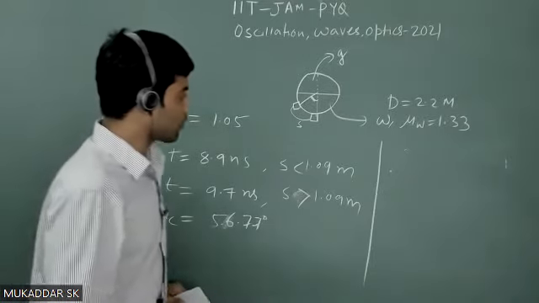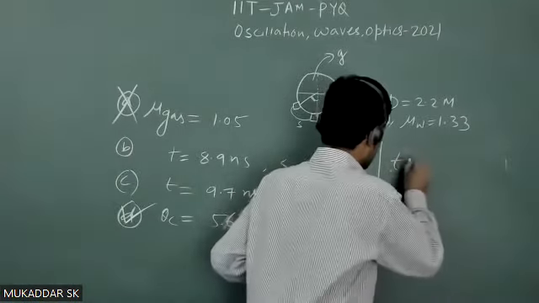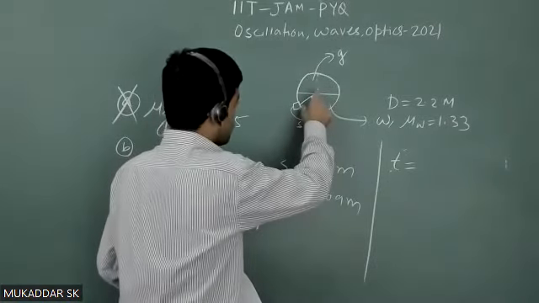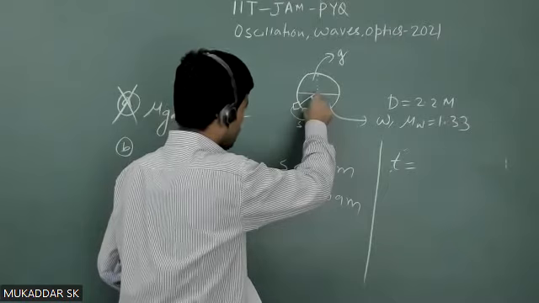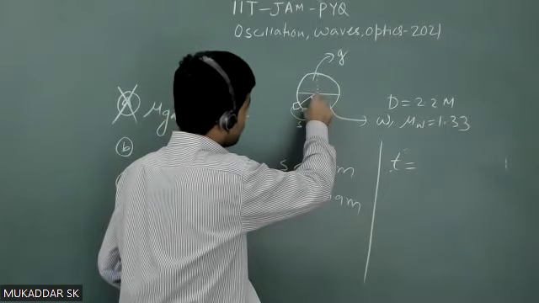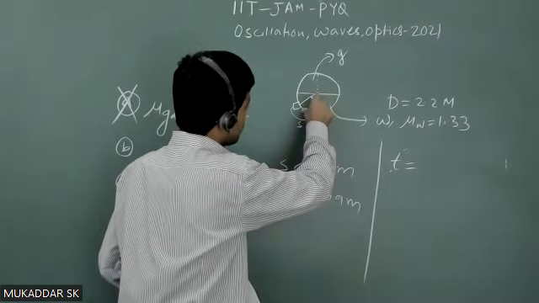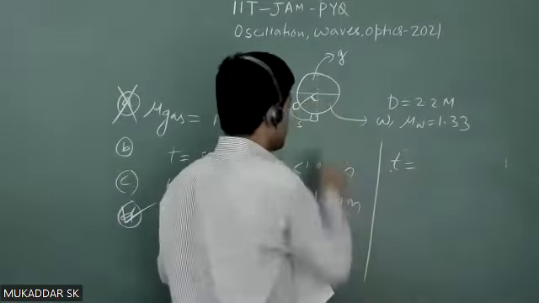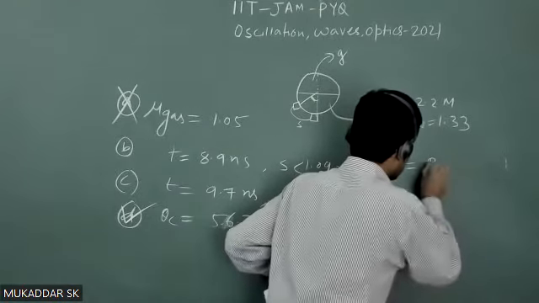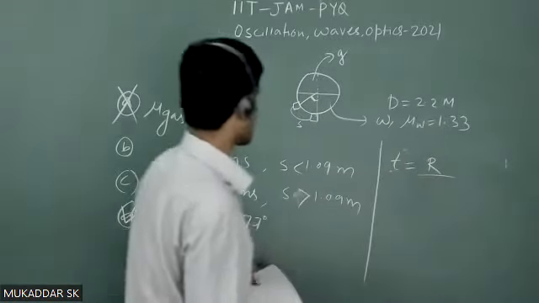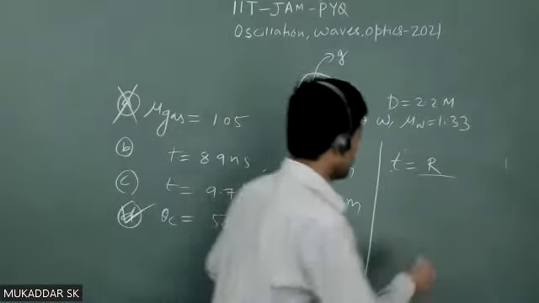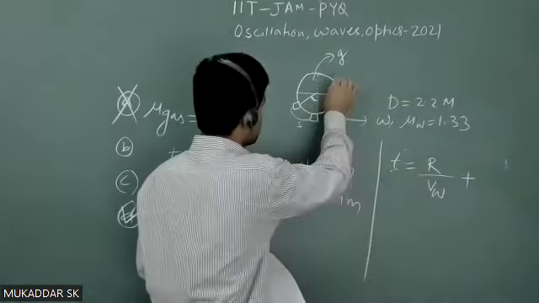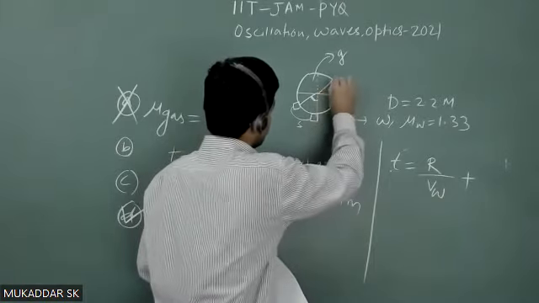So in that case, total time taken will be the time taken by traveling in water. So that time will be how much? Total distance divided by velocity. So total distance, how much will it be? Total distance will be exactly the radius of the cylinder divided by velocity of light in water. Then to reach this rim, it will travel also through gas.